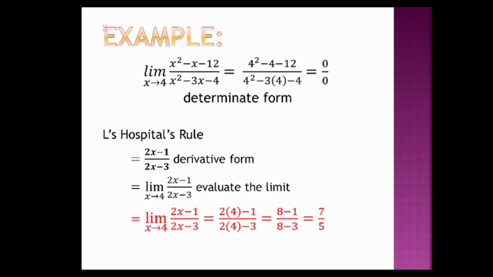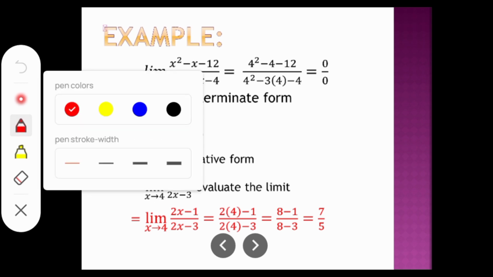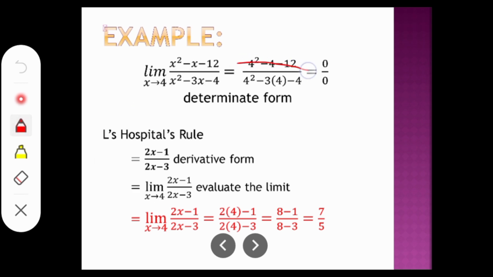So what we will do is apply L'Hopital's rule, taking the derivative form. The derivative of the numerator is 2x minus 1, and the derivative of the denominator is 2x minus 3.